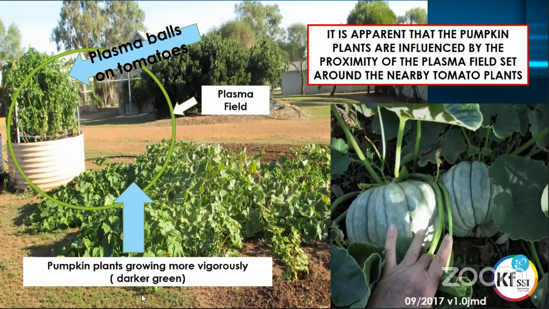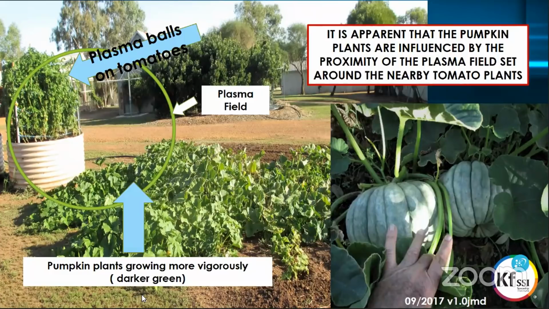And he noticed that the pumpkins growing on the ground in the immediate vicinity around these tomato plants, there were a lot more, the color was darker green, and the growth was far better than further away from that field.